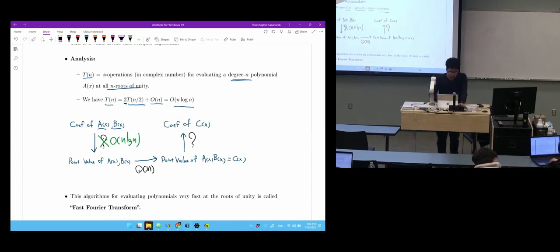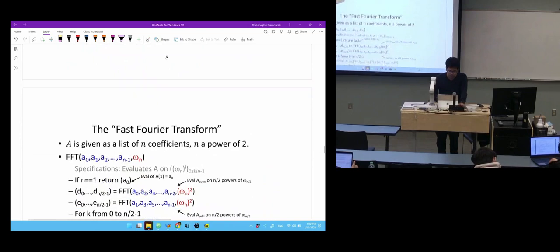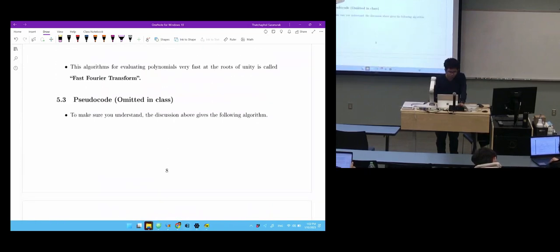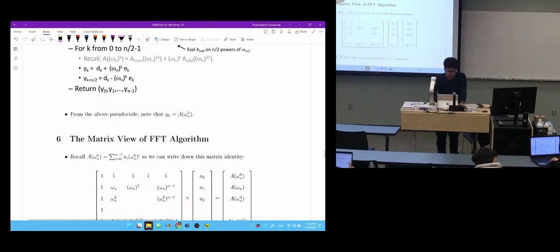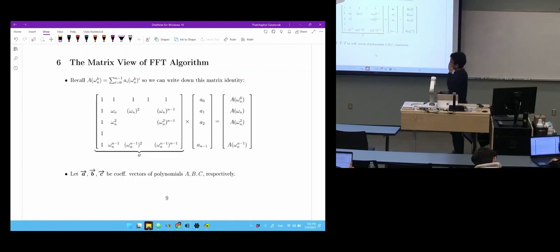Before going there, by the way, if you want to make sure you understand, you can go through the pseudocode here. But I will skip that, and let's look at what we have done in another way.